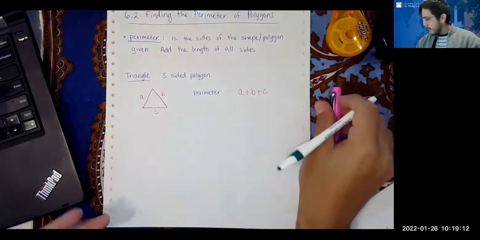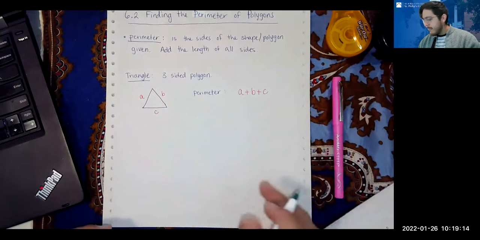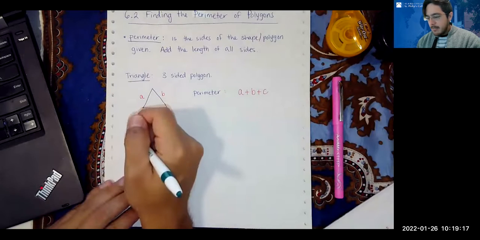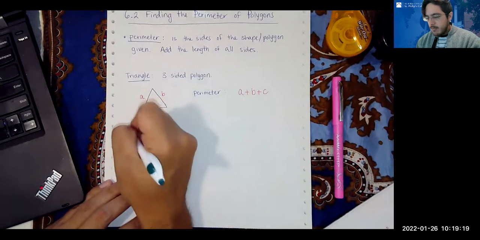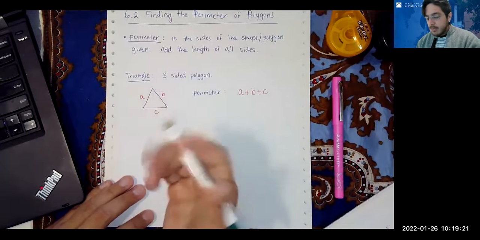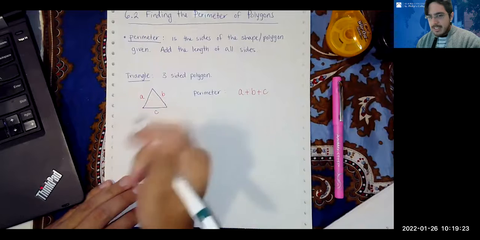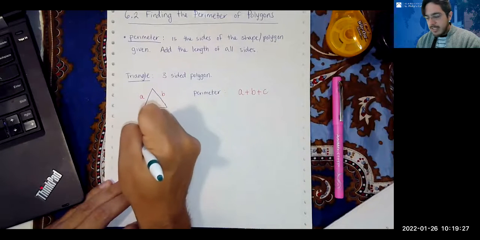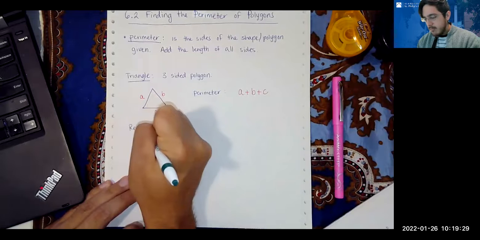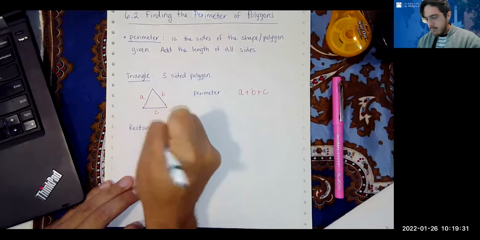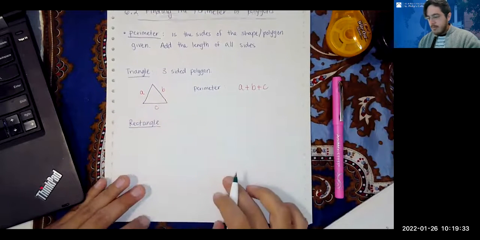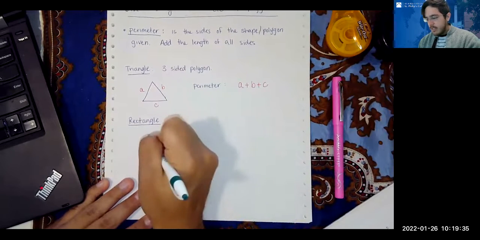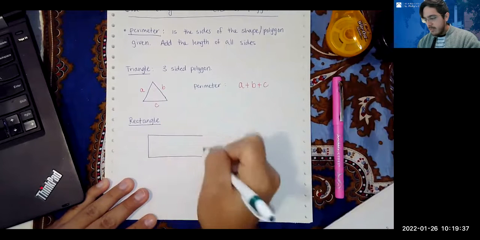There are some other shapes that have simpler formulas for perimeter, just because they tend to be easier shapes to work with. So let's start with the rectangle. Let's take a look at a generic rectangle.